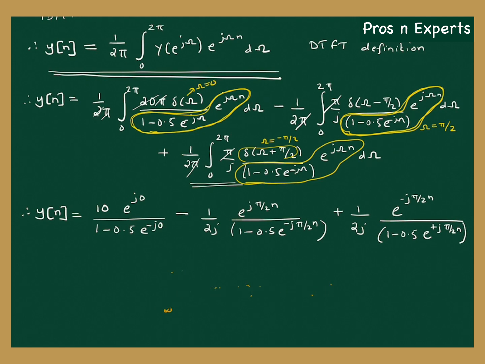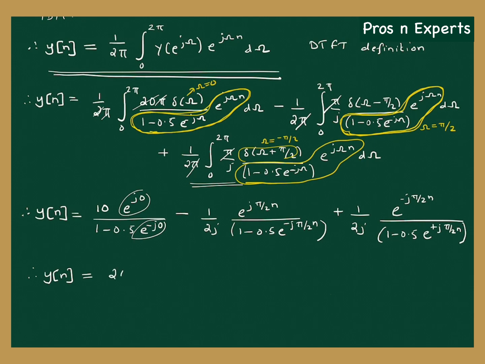So this can be slightly further simplified as, therefore y of n is equal to, e raised to j0 is 1, so 10 by 1 minus 0.5, it is 10 by 0.5, it is 20, right?